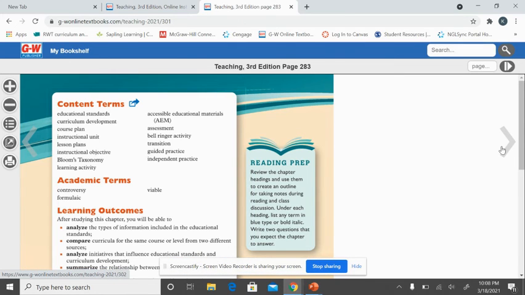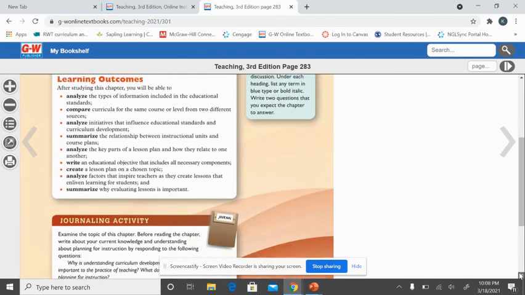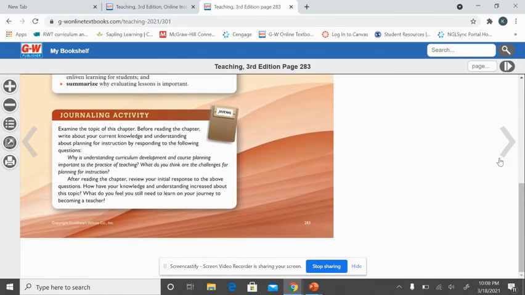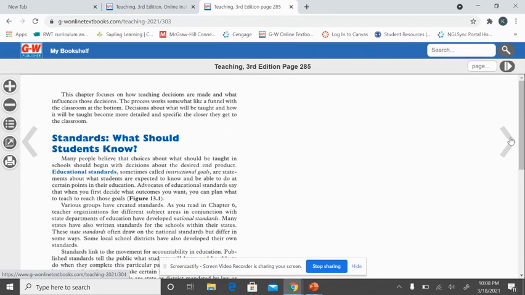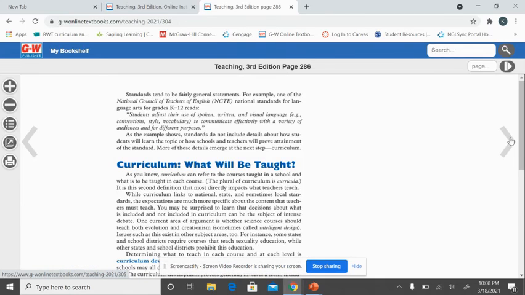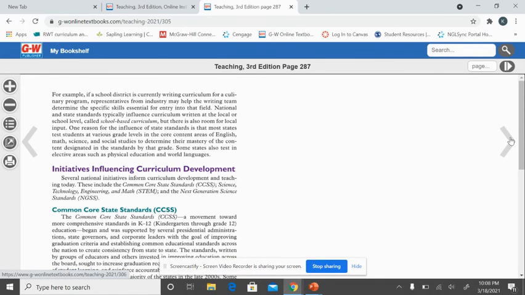Content terms, academic terms, and learning outcomes are enclosed inside each chapter, along with journaling activities. Case studies where students get an opportunity to review a problem with a student and their learning and an opportunity to discuss. Standards, curriculum, how it would be taught, and so forth.